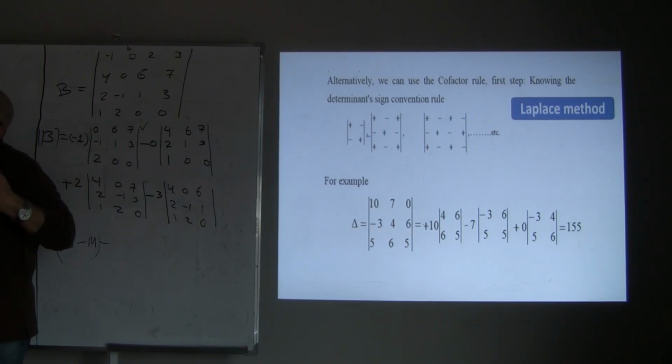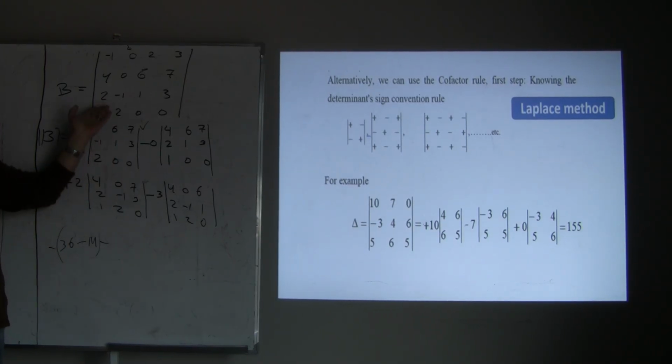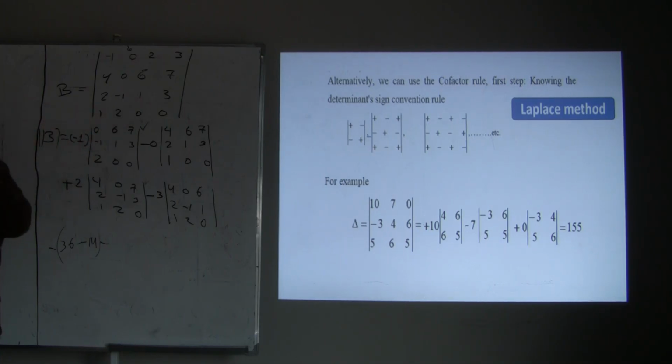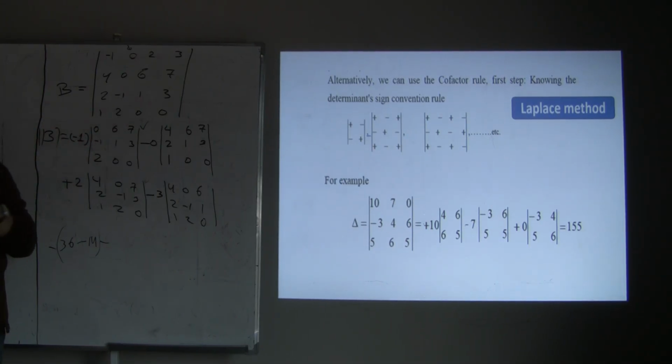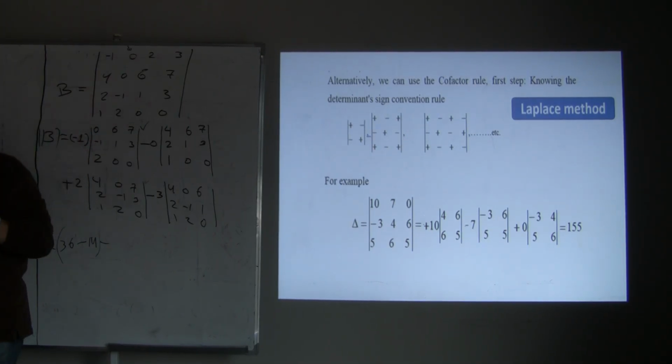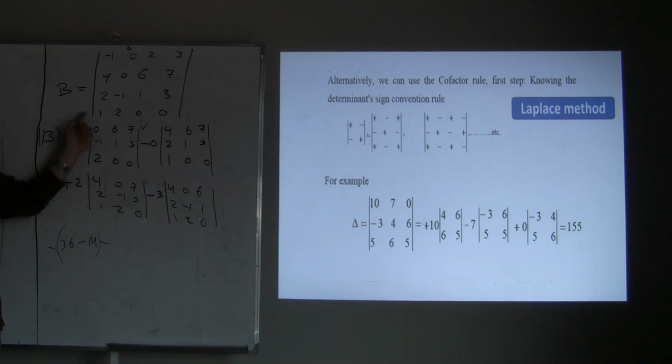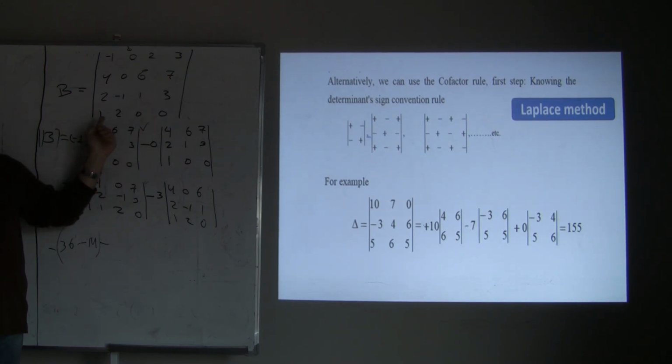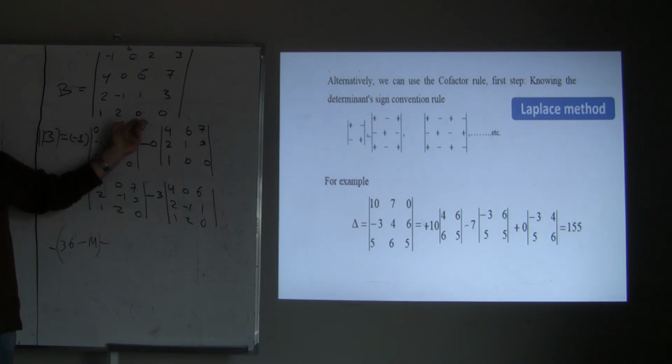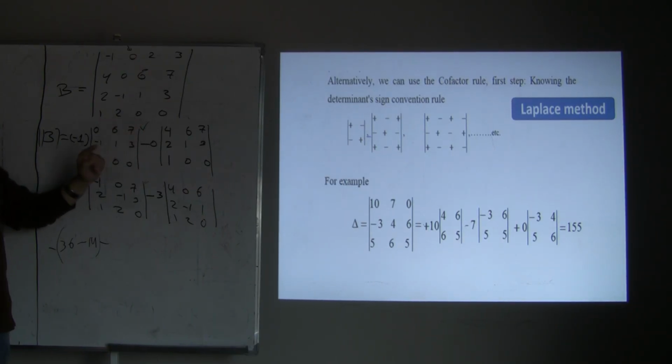So if I was going to evaluate the value of this determinant, I would prefer not to work with the first row, but with the last row, because it contains more zeros than the first row, so it will help you out. Also, I can use the second column, but just remember to obey the sign rule.